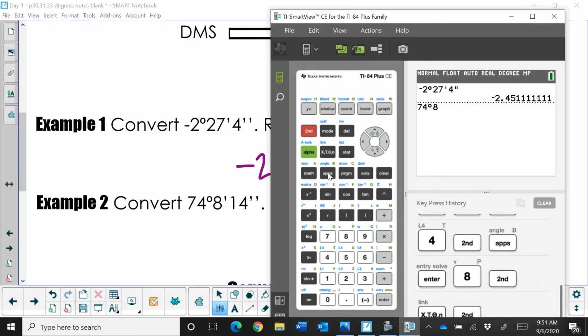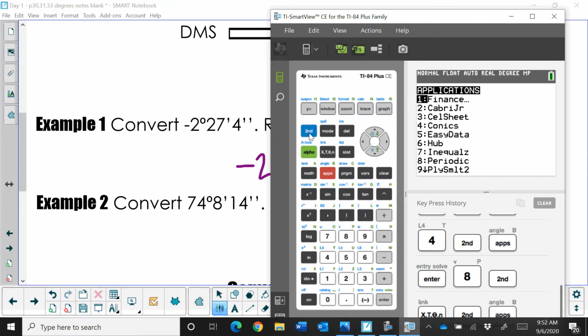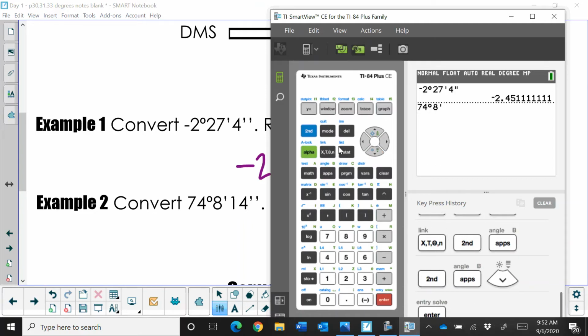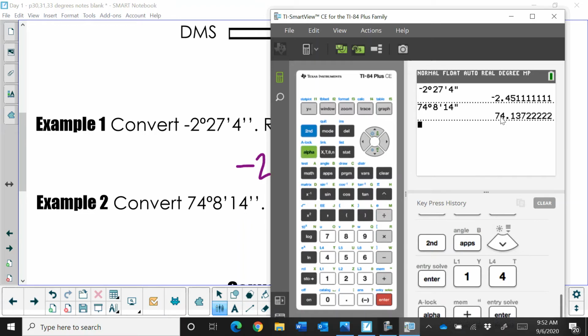Second apps to get our minute mark, and then we're going to get our second, so 14 seconds, which is now alpha, the green button, plus, and there's our seconds, and there is our decimal, 74.13, and this will round to 7.